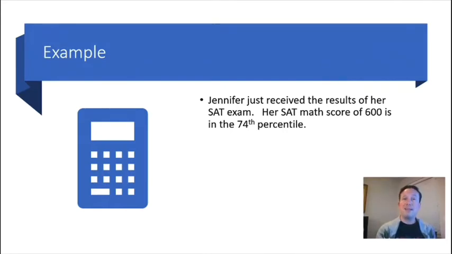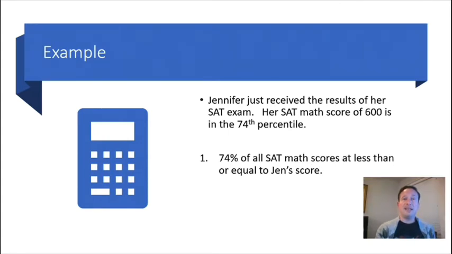Just like the last example, the first thing we would say is that 74% of all SAT math test takers are less than or equal to Jen's score. So 74% of all those test takers got 600 or less on their SAT math score. And of course, the reverse of that is also true. How many scored higher? 26% of the scores are better than Jen's.